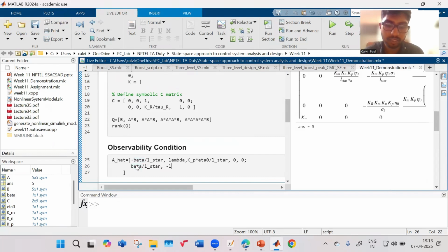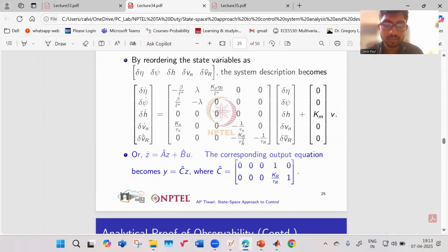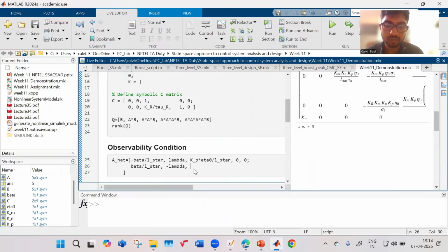Then minus lambda, comma 0, 0, 0, comma 0, comma 0, comma 0.